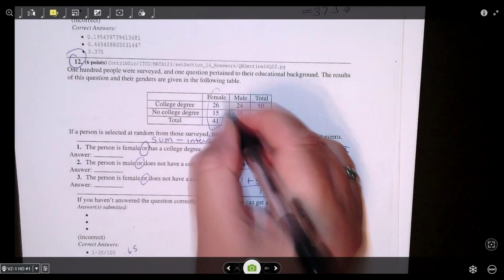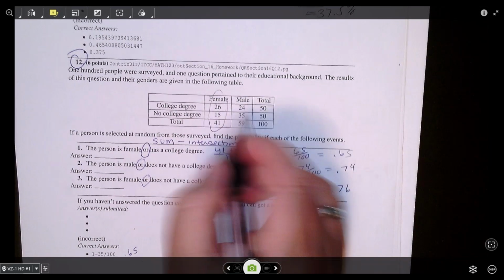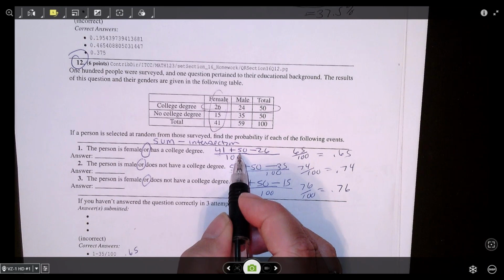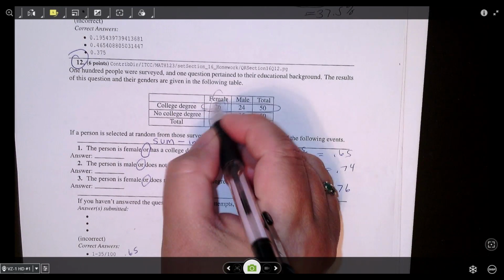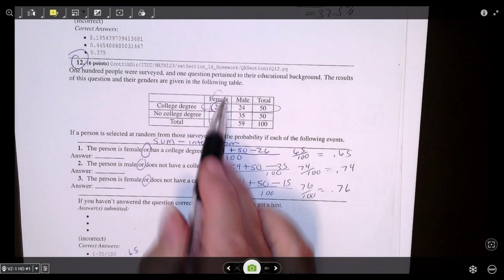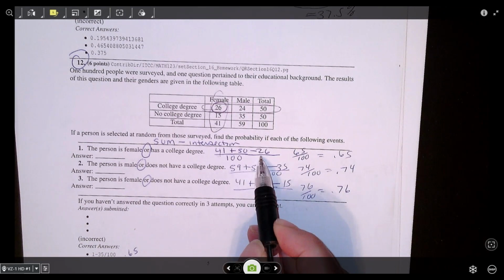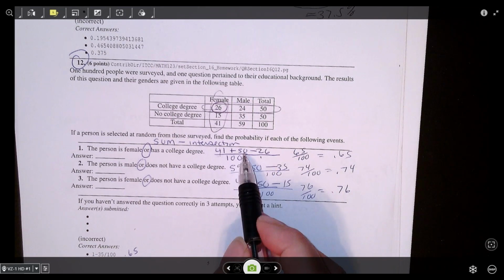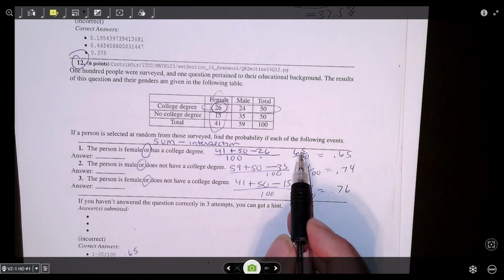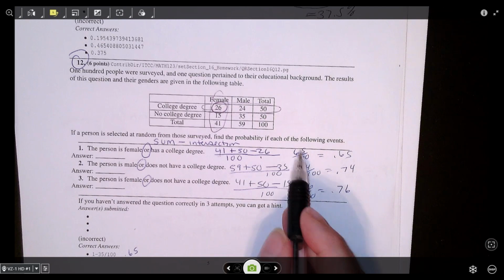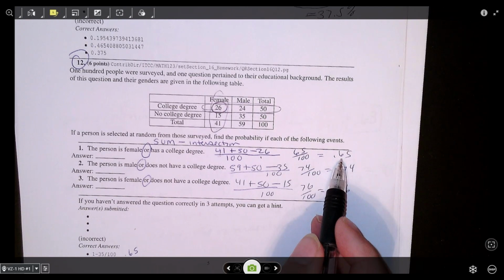Female is 41. College degree is 50. Okay, so it can be either of those things, so we add them together. But we counted this intersection twice in both totals, so you have to subtract it out. Okay, so 41 plus 50 minus the 26. We were selecting out of everyone. It wasn't conditional. 65 divided by 100, 0.65.